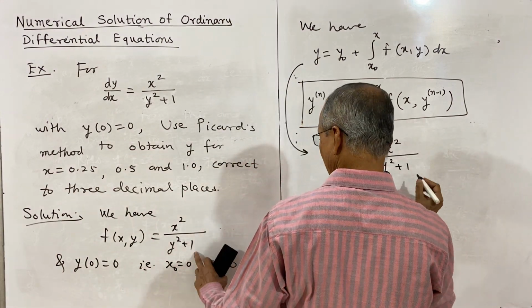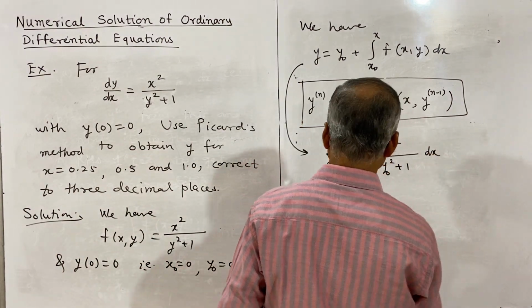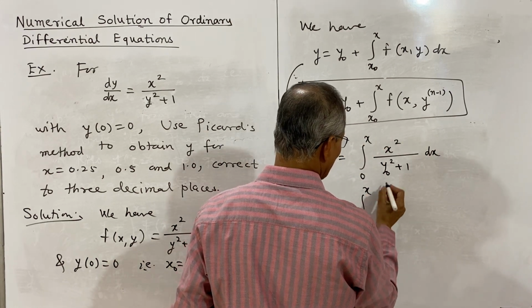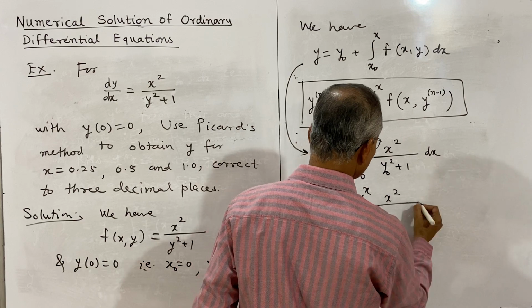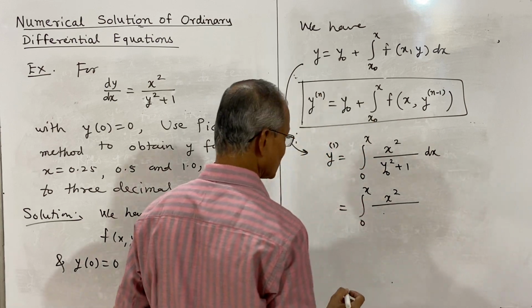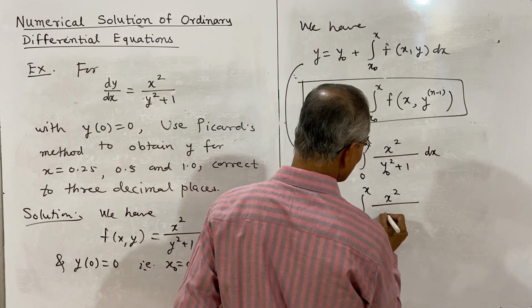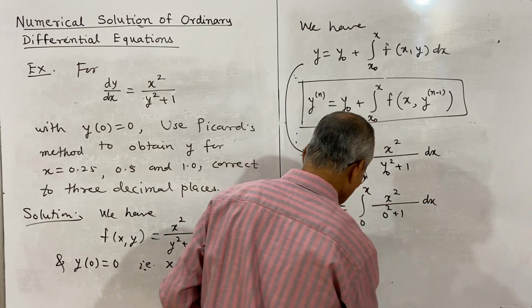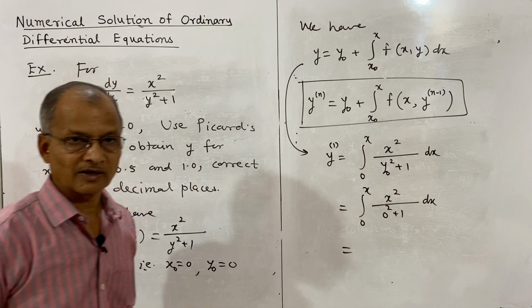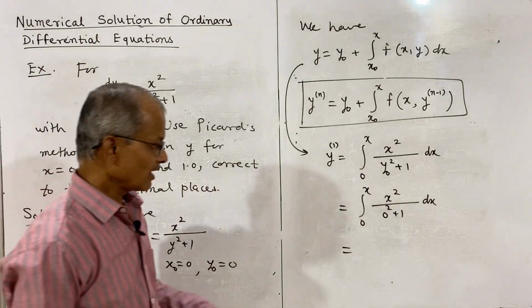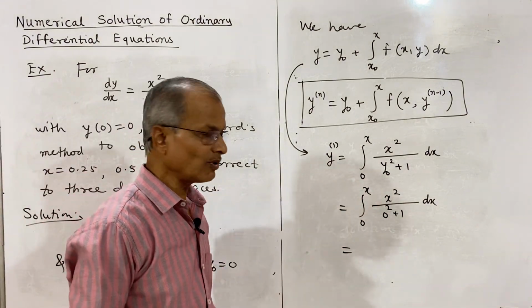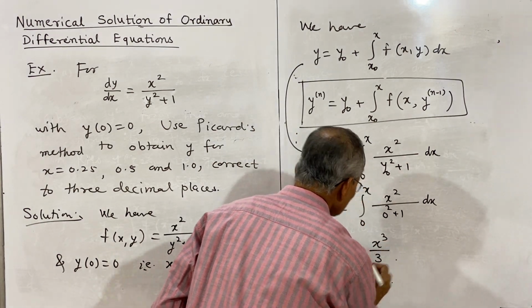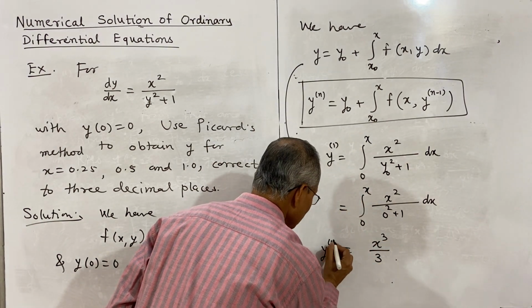This will be integral 0 to x, x square divided by 0 square plus 1, that is 1, dx, or it is just the integration of x square, that is x cube by 3. Limits are 0 to x, so it will be only x cube by 3. You can check it. This is our first approximation, y1.